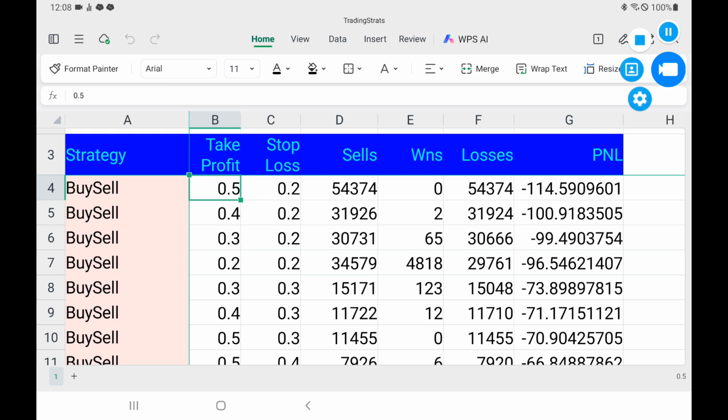So we have several different strategies that I've tested. And the very first one is where the take profit is higher than the stop loss. So that is a positive reward to risk. And we can see it made the worst trades. Now buy sell is just an always in strategy.